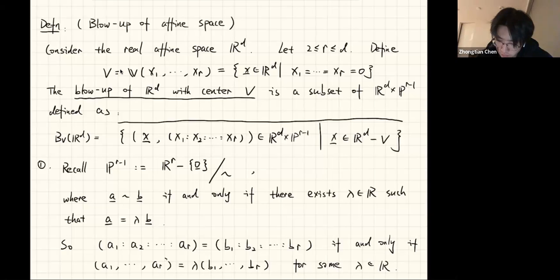In my head, if I imagine taking the closure, it seems like we just get rid of the restriction that the vector x isn't inside the center. Is that right? Yes, that's right.